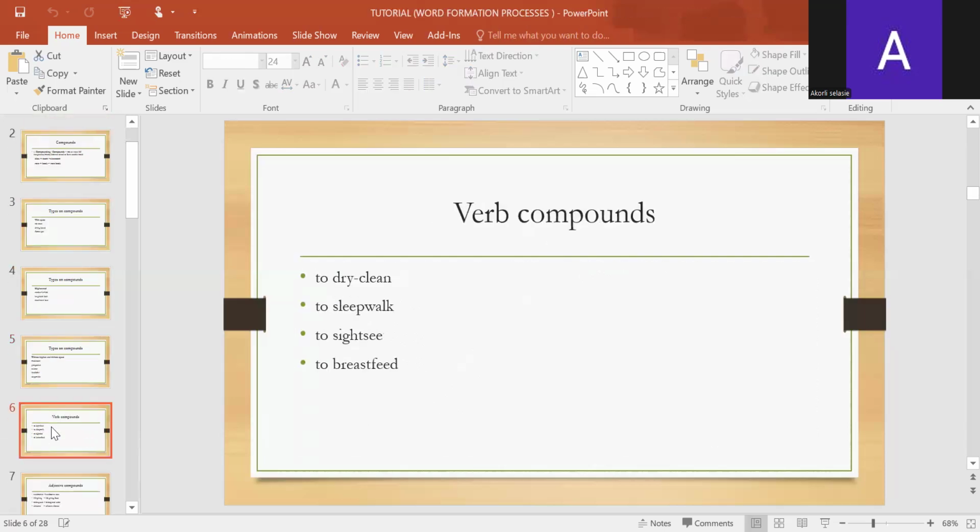Then we can also have verb compounds. We did not discuss this in class, but of course, verb compounds. For example, dry clean. See, two verbs constituting a single verb or a single action. Sleepwalk, to sightsee, to breastfeed.